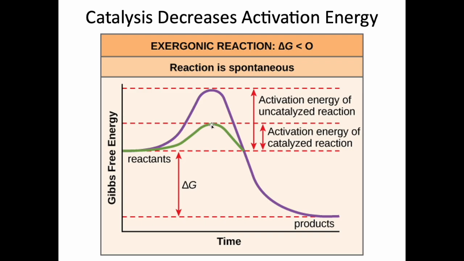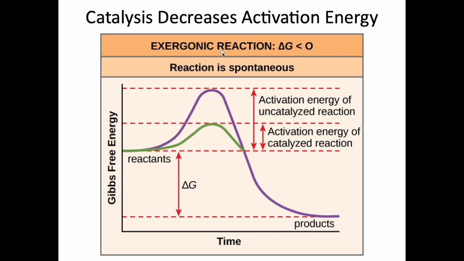So a catalyst is something that will, as it says in the title, decrease the activation energy, lower the activation energy. Importantly, a catalyst will not remove the activation energy. The hump is always going to be there. Catalysts simply lower it. Catalysts decrease activation energy.